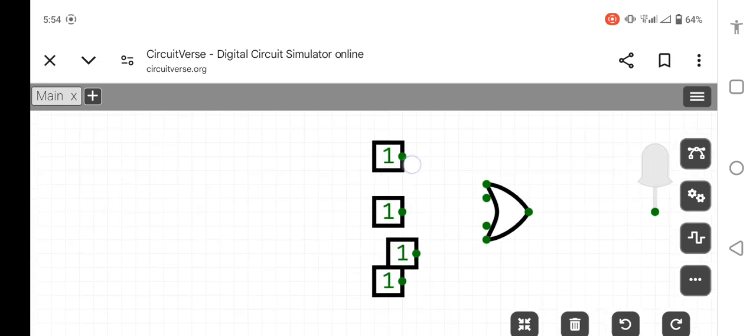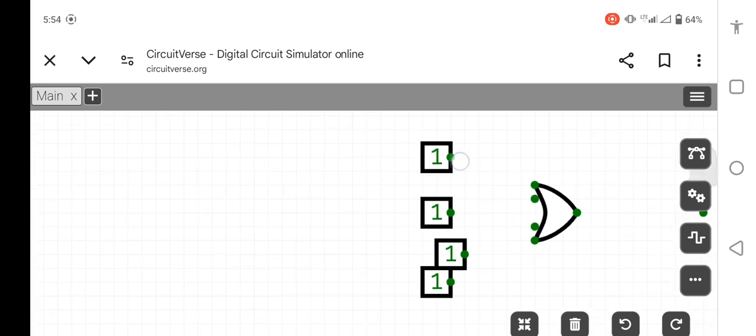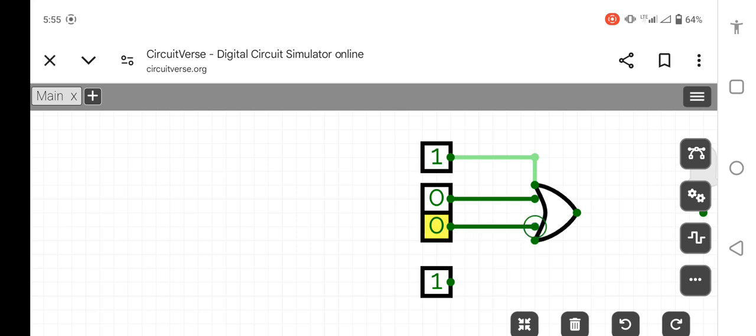Patience here. Connecting. So we have to connect the gates.